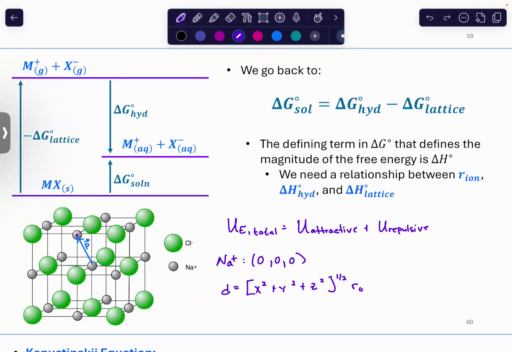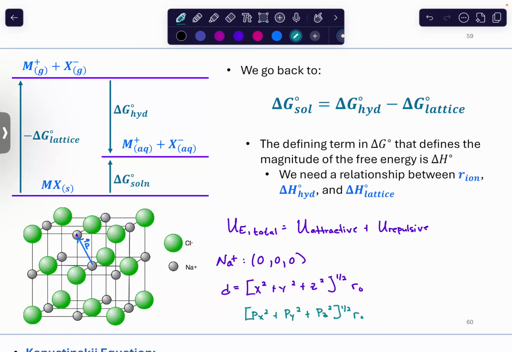Let's change this a little bit. What does that look like? It just looks like a coordinate system to me. That's the magnitude of the position vector.